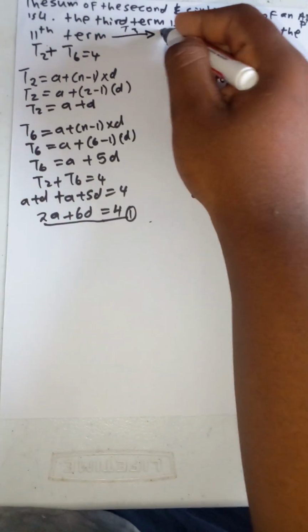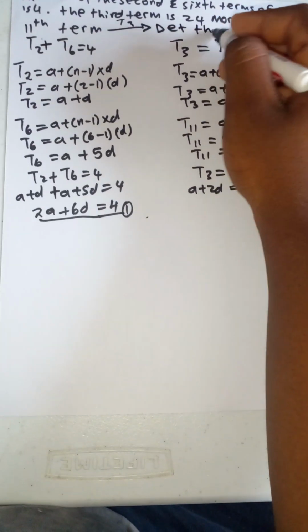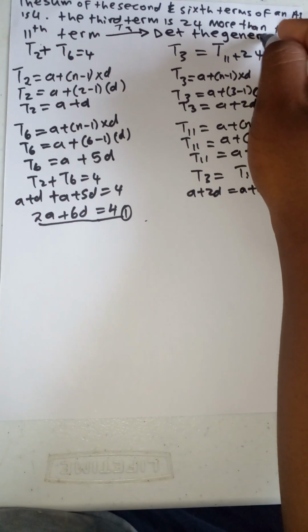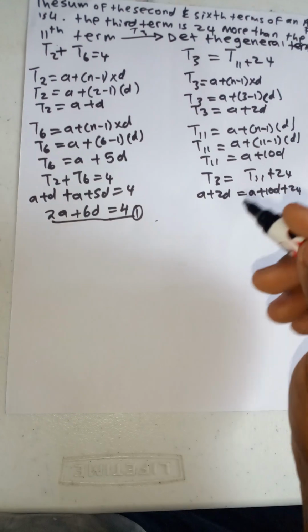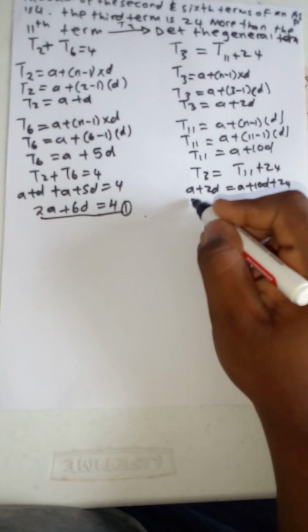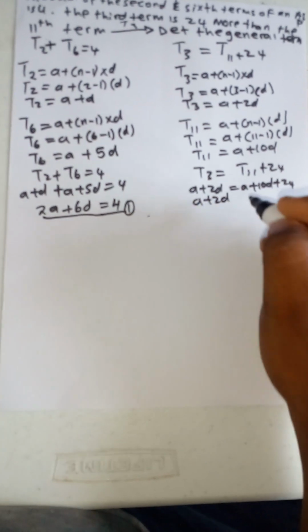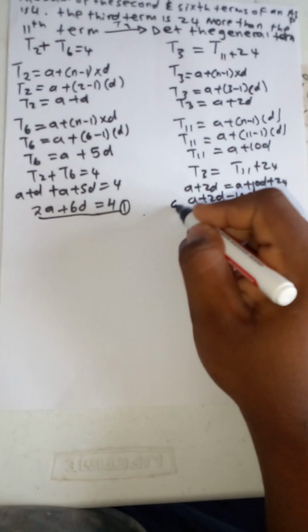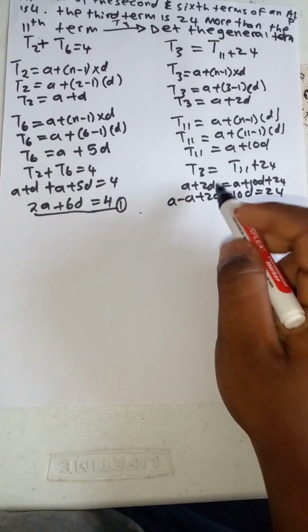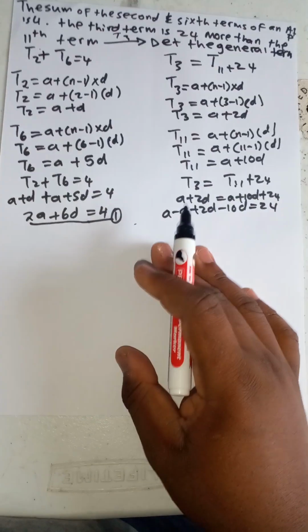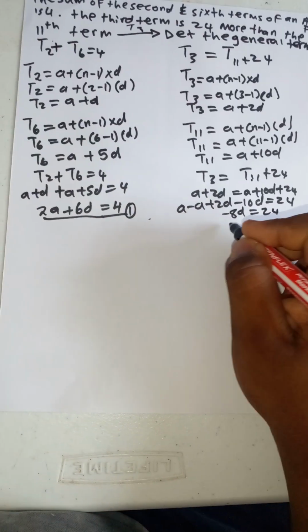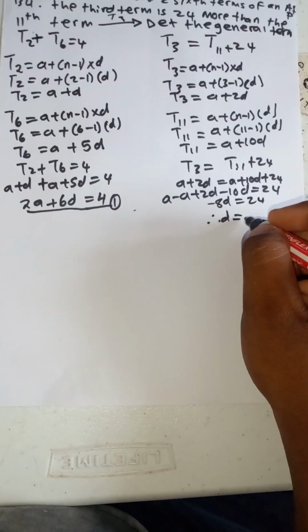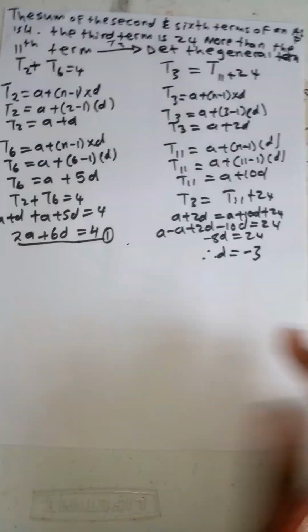The question says that we must determine the general term of the sequence. So when you are done, you collect like terms: a plus 2d equals a plus 10d plus 24. Let me take the a to the other side. The a's cancel. Then you have 2d minus 10d, which is negative 8d, equals 24. Therefore my common difference is negative 3, because I divide both sides by negative 8.